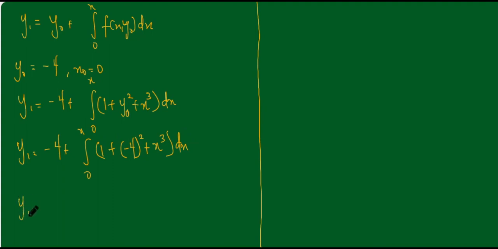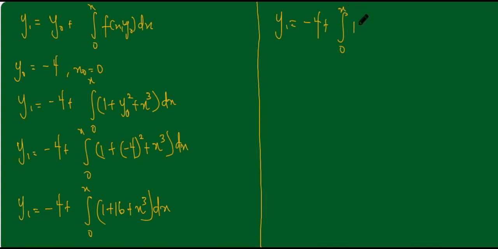So our y1 now becomes minus 4 plus the integral between 0 and x of 1 plus 16 plus x cubed with respect to x. So that gives us y1 is equal to minus 4 plus the integral between 0 and x of 17 plus x cubed with respect to x.